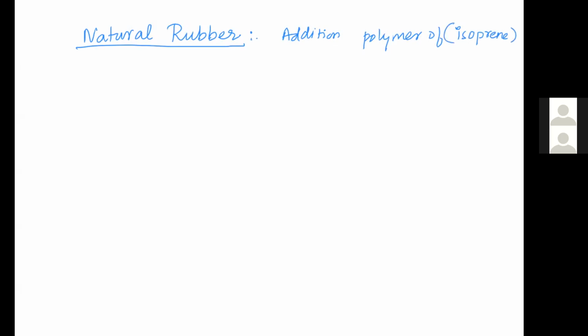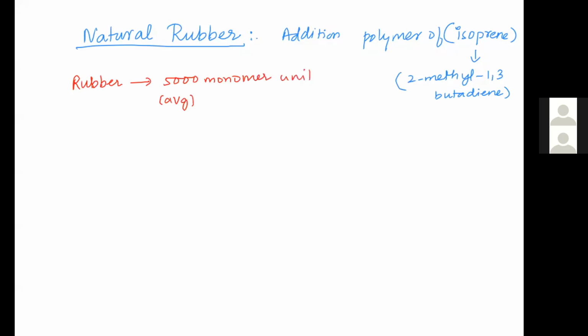What is isoprene? This name is 2-methyl-1,3-butadiene. This rubber has an average chain length of 5,000 monomer units of isoprene on average.